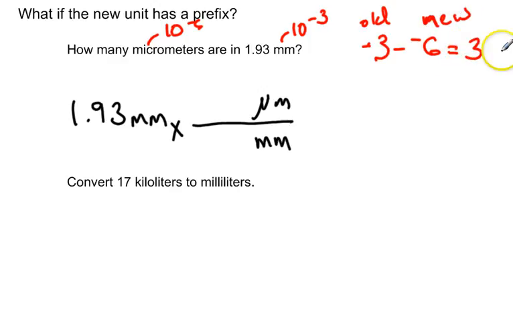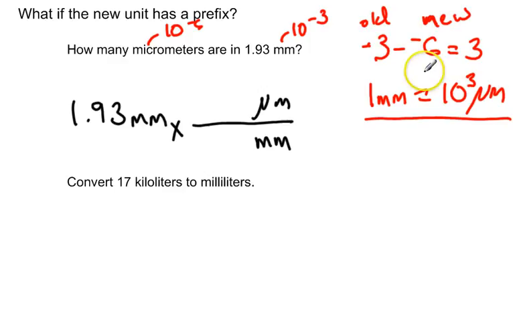So what that tells us is that 1 millimeter, the old unit, equals 10 to the 3rd micrometers, the new unit. So now we have a conversion factor, and we can plug that directly into our problem.